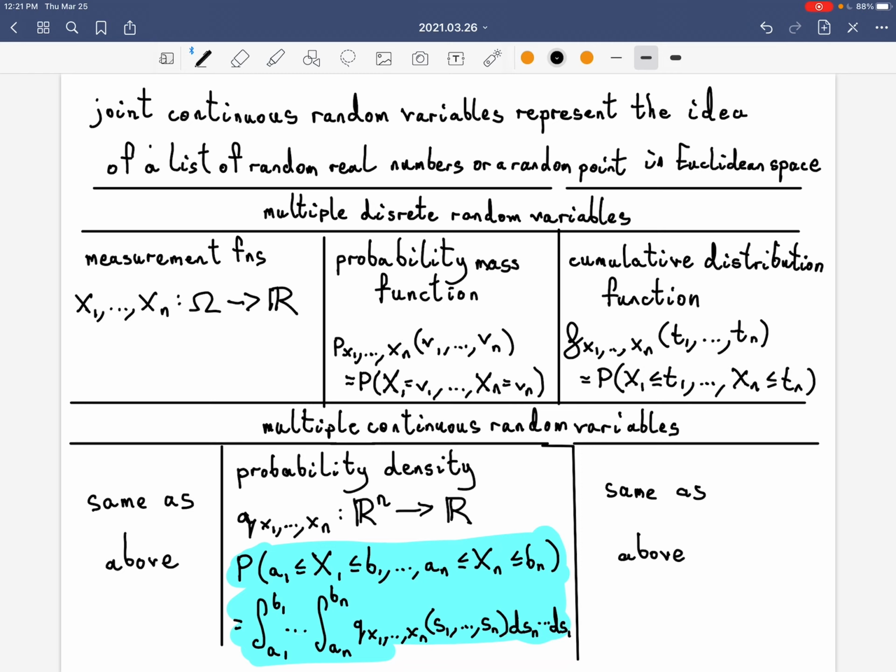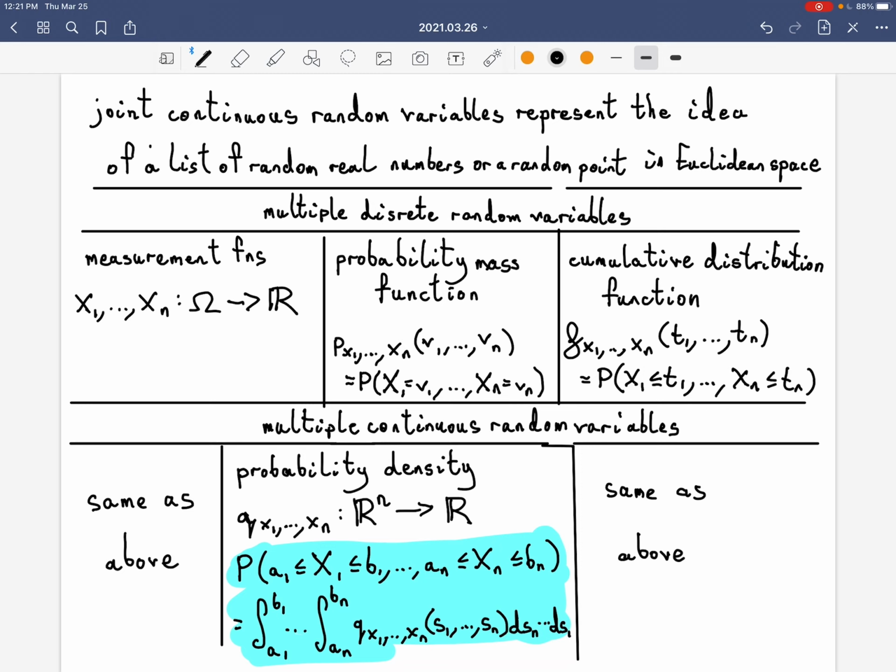We had a concept of a probability mass function for multiple discrete random variables, where we had a list of possible values, and when we input a list of possible values, we get the probability that the sequence of random variables simultaneously achieves that list of values.